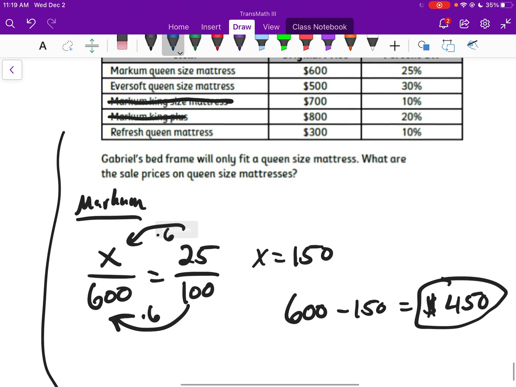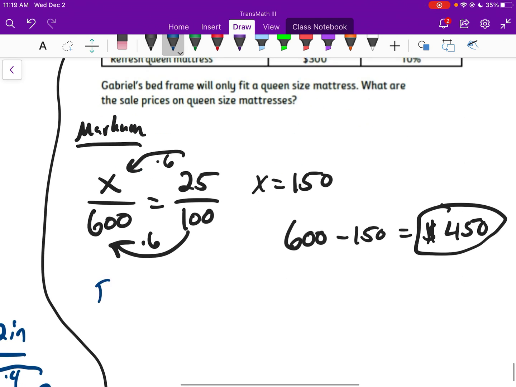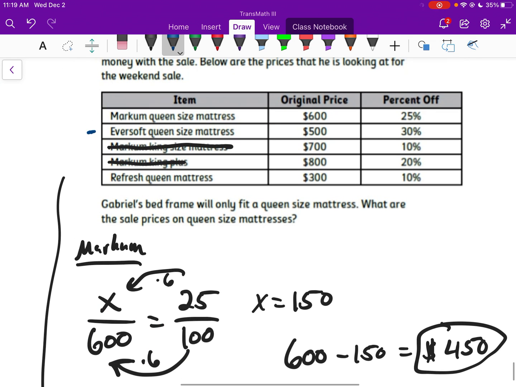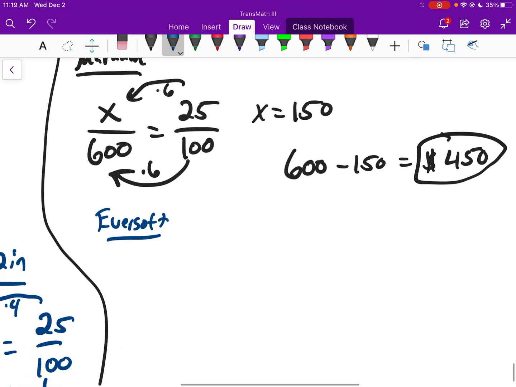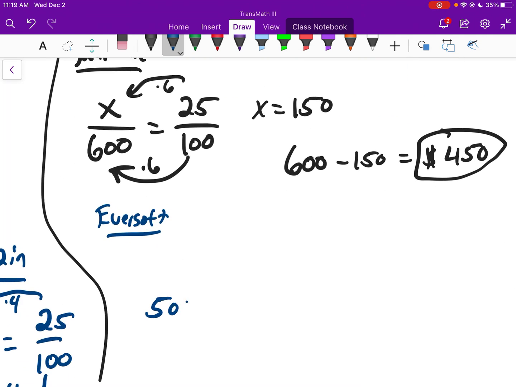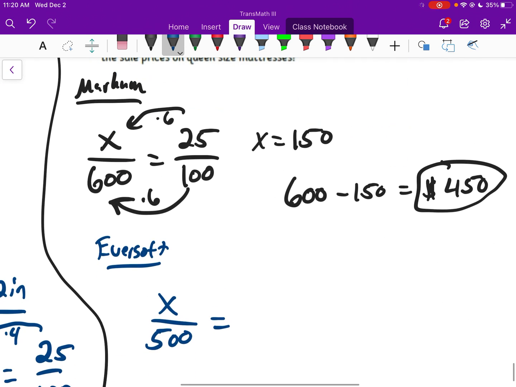All right, so for the Eversoft then, we had an original price of $500 with a discount of 30%. So $500 for the original price. We don't know the price off yet. We had, what did we say, 30%, so 30 over 100.